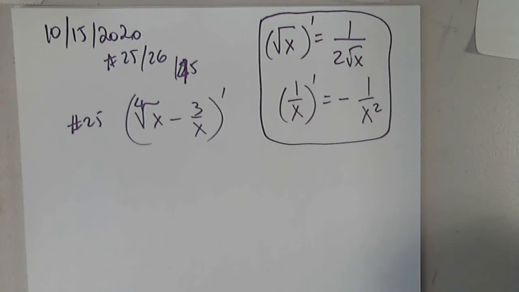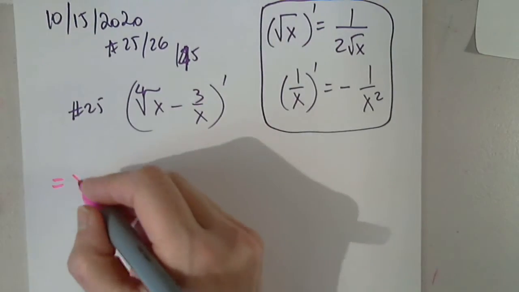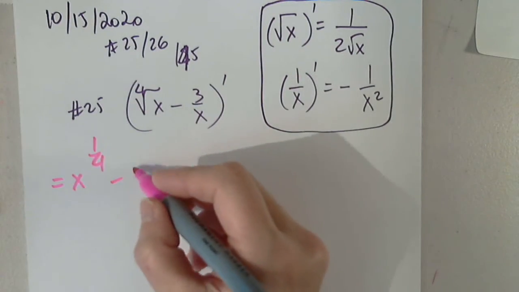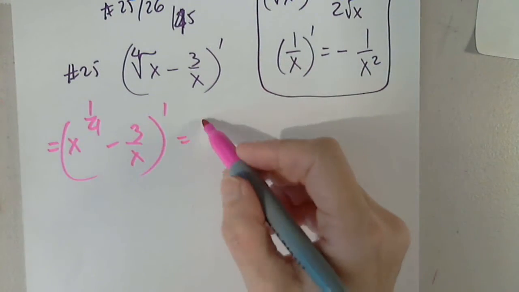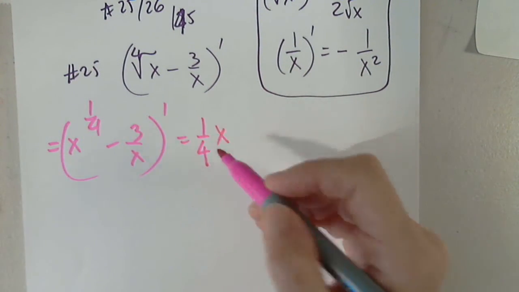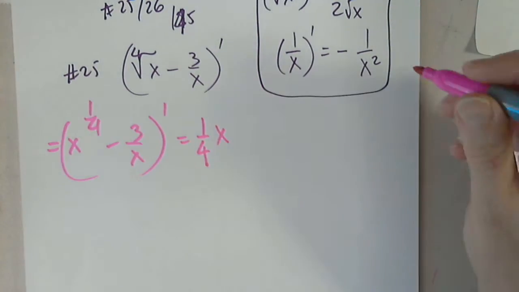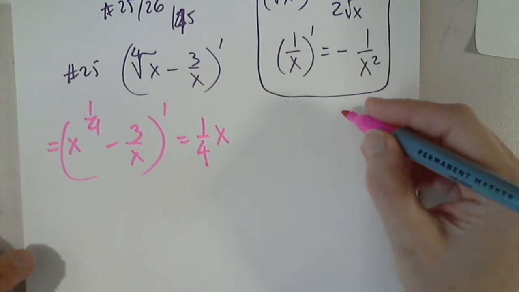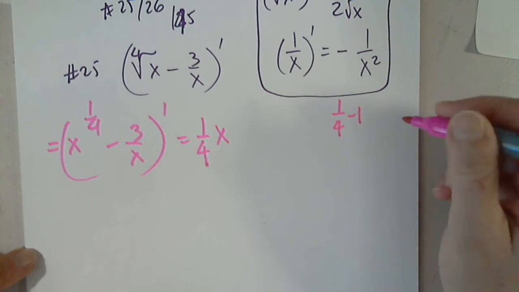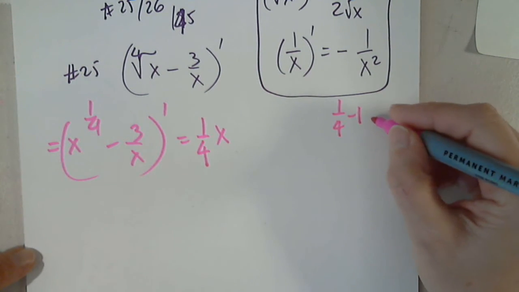Very important to remember, because when we get to integration, when we have this, we should be able to get 1 over x immediately. So I will change this into x to 1 over 4 minus 3 over x, and when I differentiate, I bring down the power, I subtract 1 from the power. I normally don't write this in my calculus classes, but in 230 I do write it. So 1 over 4 minus 1, unless I twist them for some reason, like I did last time.